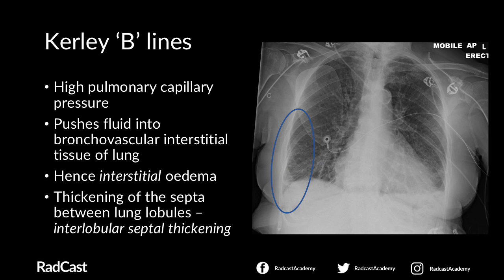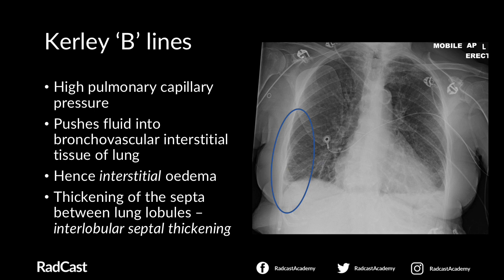B line. So the Kerley B line is a faint linear marking that is demonstrated in the X-ray on the right, and it is a manifestation of this interlobular septal thickening, to put it formally, and it is usually seen more towards the lung bases.